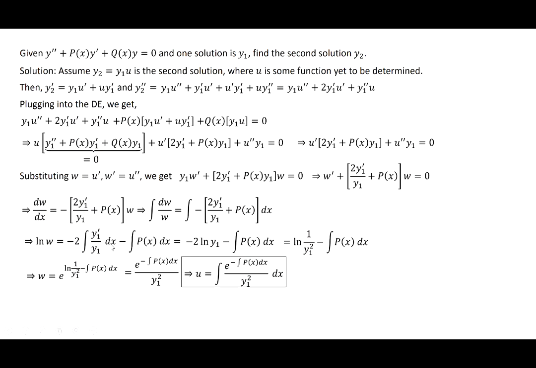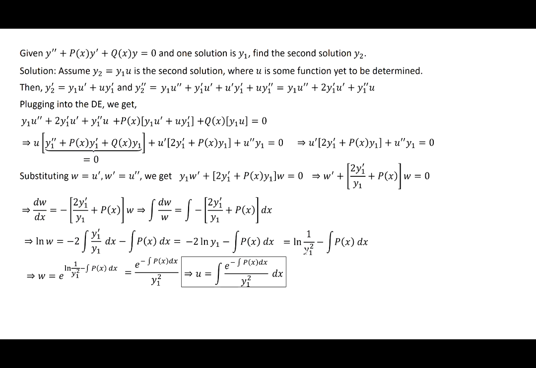So basically this whole thing reduces to dv over v, which is natural log of v, and v happens to be y1. So this integral becomes negative 2 natural log of y1. And this other integral, let's just leave it like that. Or we can write this as natural log of 1 over y1 square.